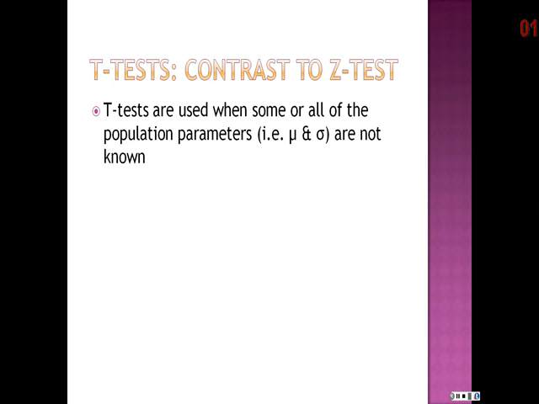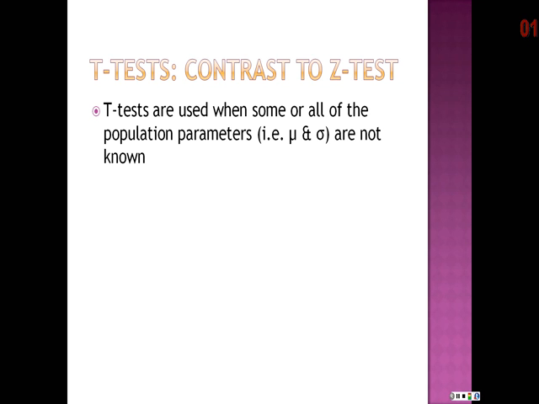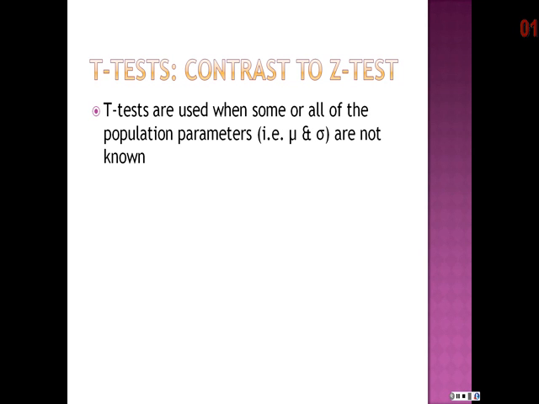And so what I mean by population parameters is the population mean and or the population standard deviation. So oftentimes in research we cannot collect that information, or we just simply don't have it for whatever reason. Most of the time because we just can't sample the entire population.